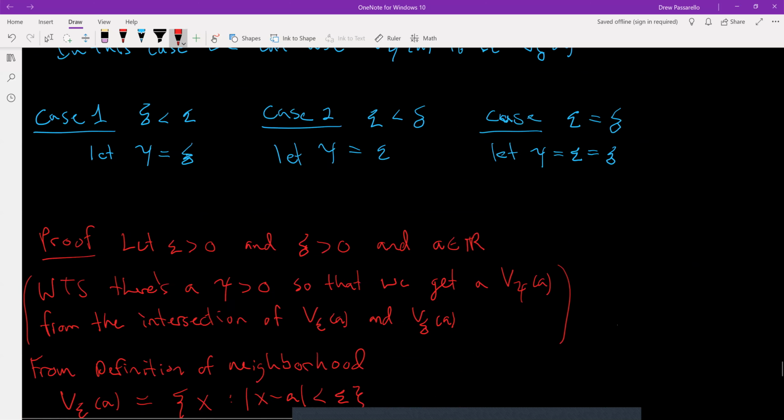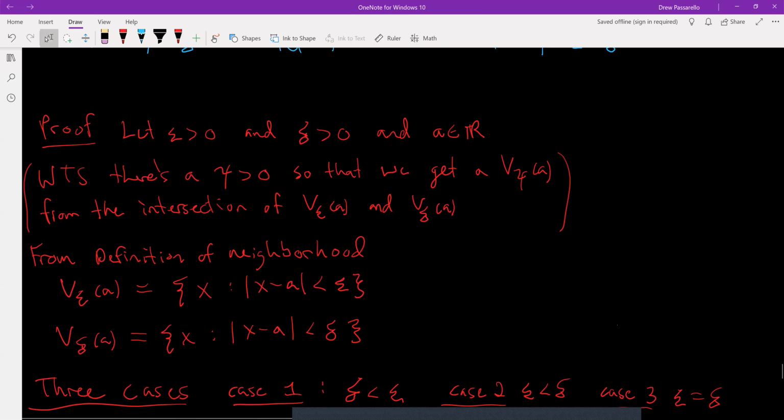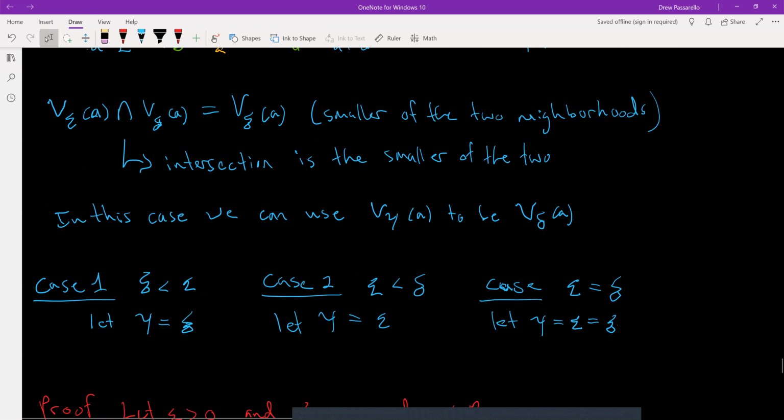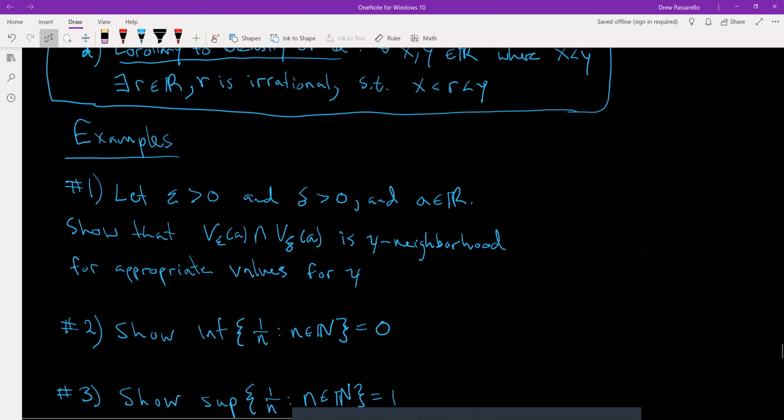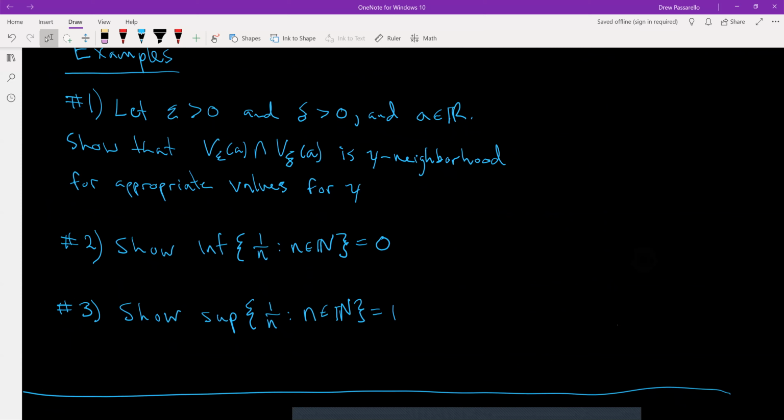All right, and again, we're trying to show that if we had epsilon greater than 0, delta greater than 0, and a is a real number, then the intersection of the epsilon and delta neighborhoods is another neighborhood called a gamma neighborhood for the appropriate values of gamma.